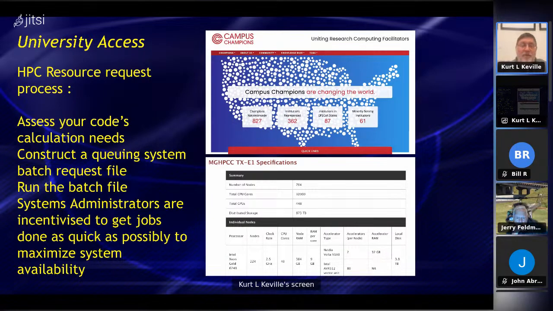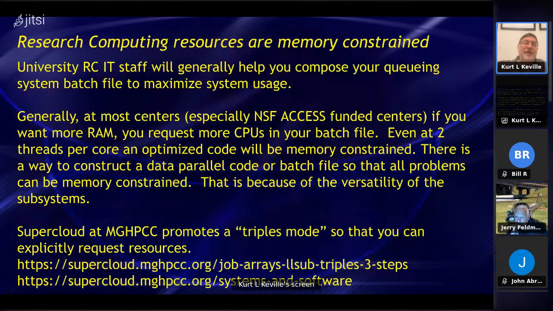You have to probably qualify by taking these little mini courses, and so what they'll do at a place like SuperCloud is you'll go through this effort and you'll describe your job in your batch file, which probably just won't sail through. You'll hit go and you'll probably get a job ID back.